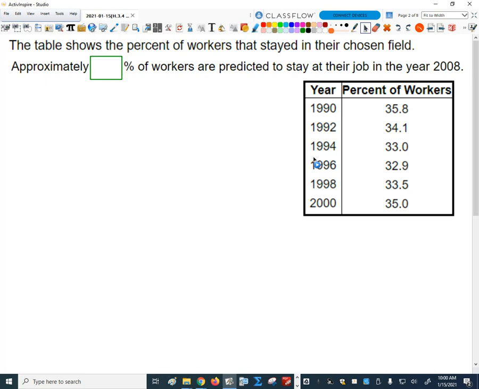So we started talking about using the regression feature to do quadratic regression instead of linear regression. And this was a good example we started on the other day.